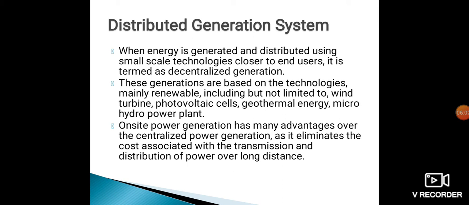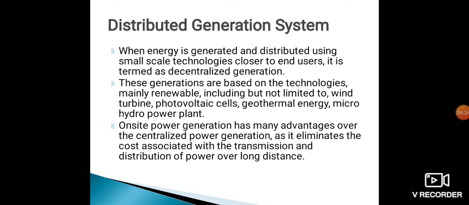These generations are based on technologies mainly renewable, including but not limited to wind turbine, photovoltaic cells, geothermal energy, micro hydro power plants. So distributed generation system mostly adopts renewable energy sources. Those renewable sources are wind turbine, photovoltaic cells, geothermal energy, micro hydro power plants, etc.